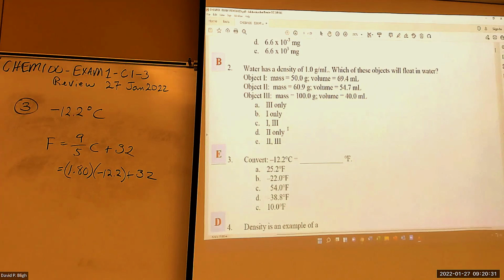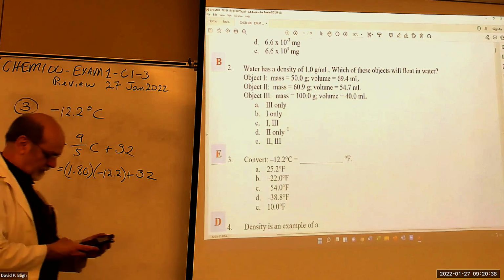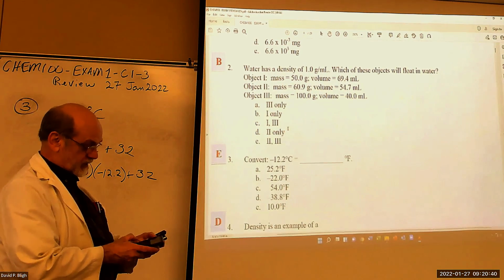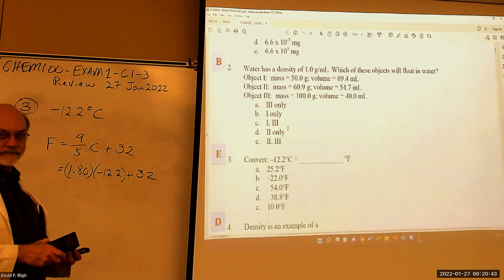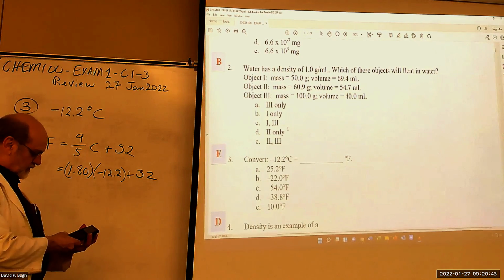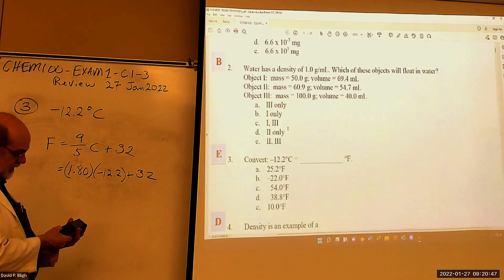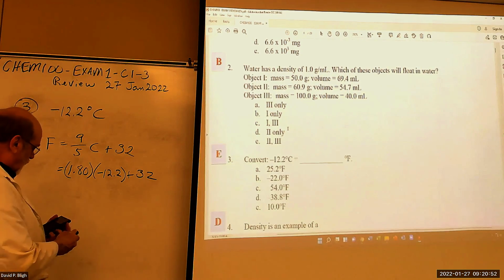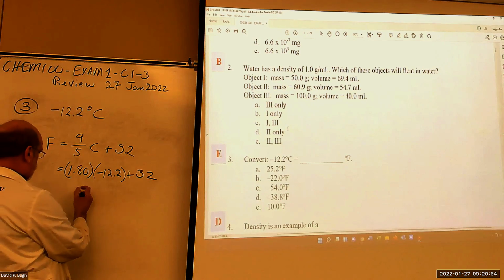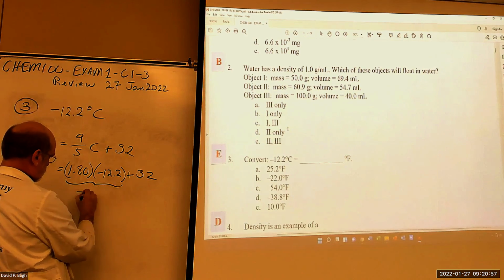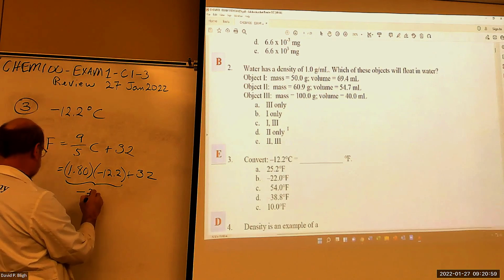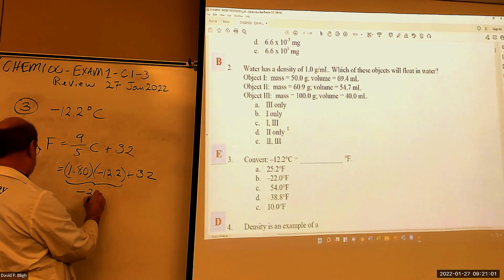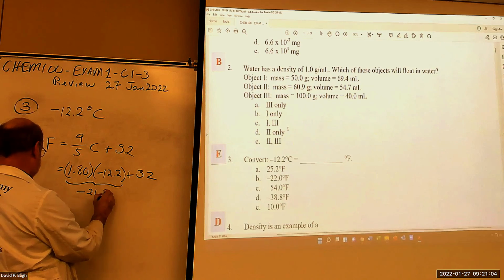All right, let me get my calculator. We'll do a step at a time. 1.8, and this is where you need to know how to operate your own calculator, then 12.2, but we need the negative sign, times. This part is minus 21.96.